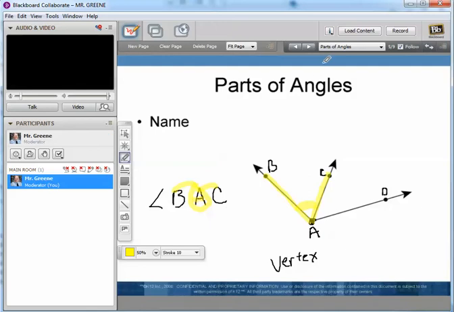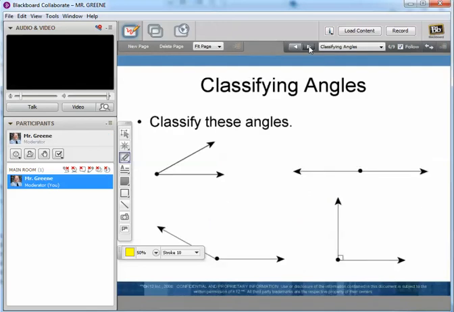Okay, we'll go forward. Now, one of the things we do with angles is that we can classify angles. How can we classify angles? Well, we can classify angles based upon their measurement. You can see right here, this little angle right here, it's small. Actually, small is not a very precise term. I'm going to use the fact that this angle is less than 90 degrees.